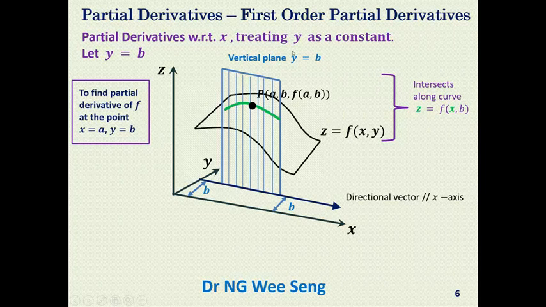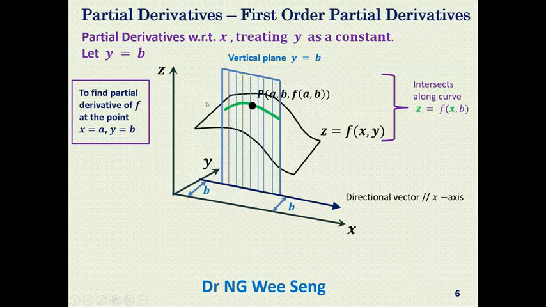We first treat y as a constant and allow x to be a variable. And essentially, y equals to a constant means the directional vector is one that is parallel to the x-axis. Because on this line, the y coordinate is always equal to b. And graphically, in the three-dimensional space, y equals to b is a vertical plane.